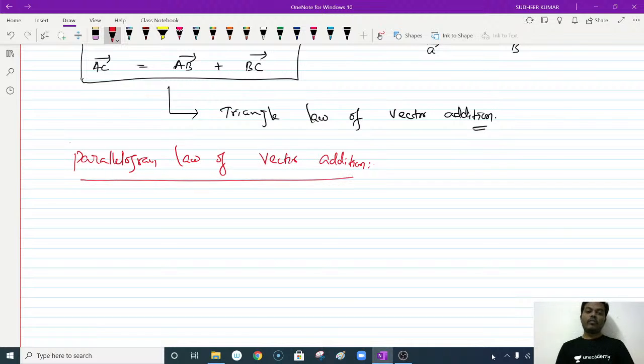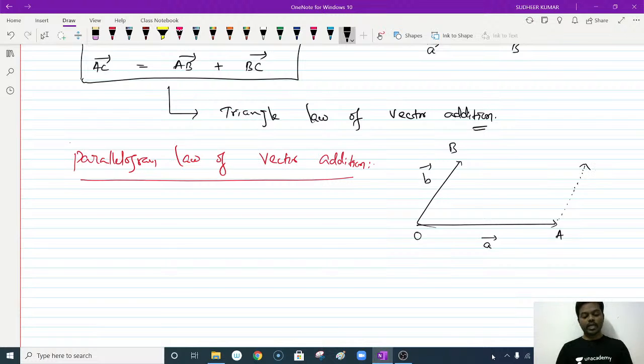The parallelogram law of vector addition is, suppose this is vector OA and this is vector OB. Let us consider these as A bar and B bar. Draw a side parallel to OB, let it be AC, the vector AC is parallel to OB.